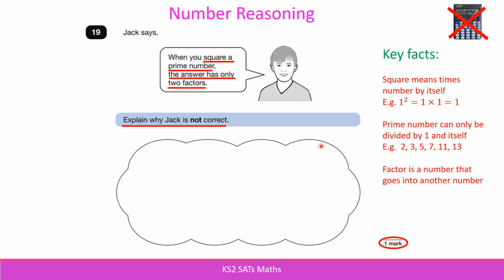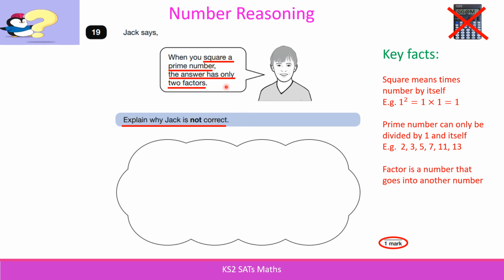Then the next part of the question says the answer has only 2 factors. This word factor is a number that goes into another number. So you need to know what a factor is. For example, a factor of 10 is 2 because 2 goes into 10 5 times. So 2 and 5 are the factors of that number 10.